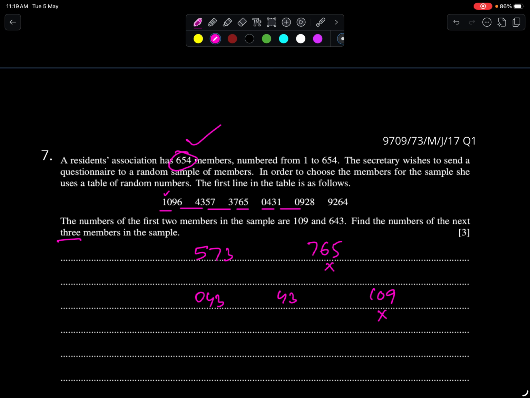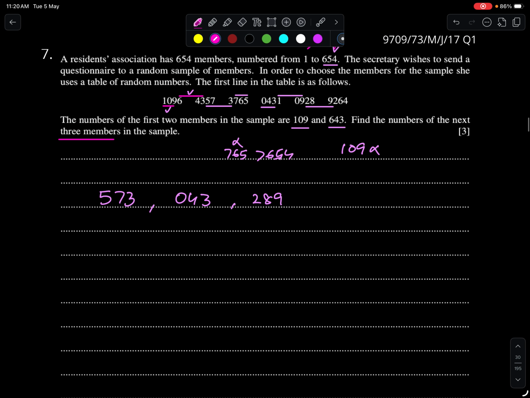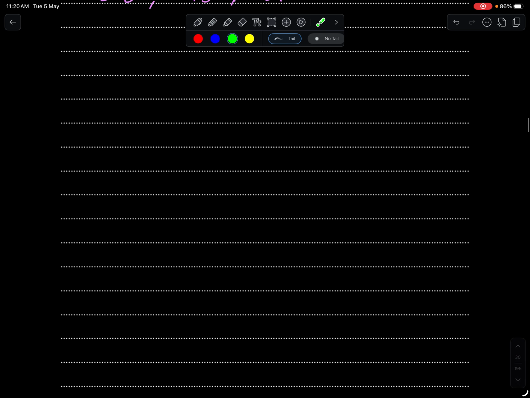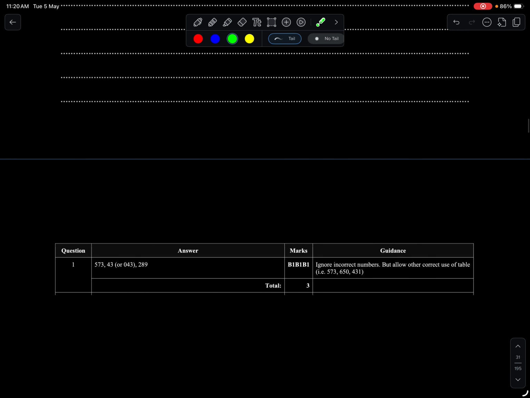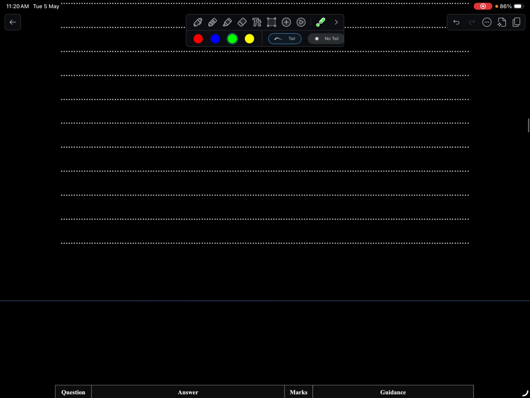This is already selected. Then 289. So this is here: 573, 043, 289. Both are correct, 43 or 043.